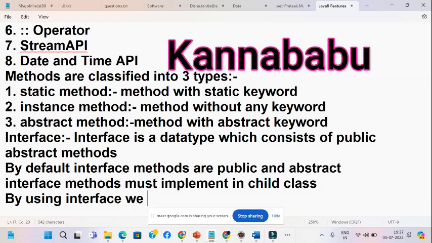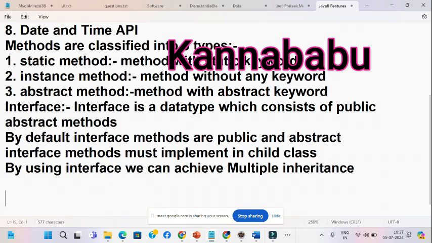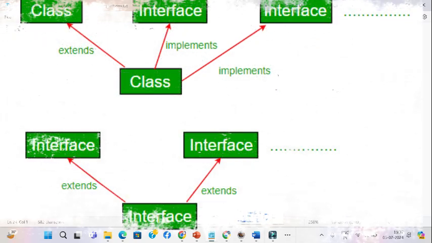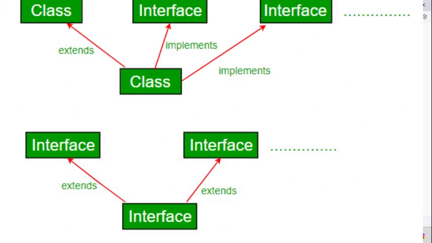When the interviewer asks you about interface, you tell all these points. Interface is a data type which consists of public abstract methods. By default, interface methods are public and abstract in nature. Is it clear?